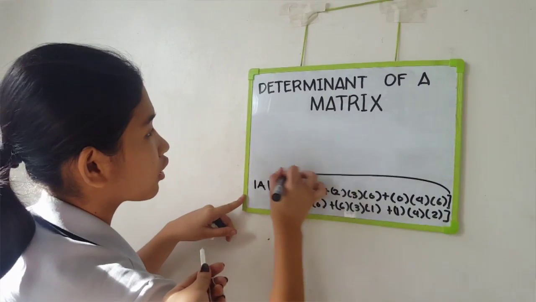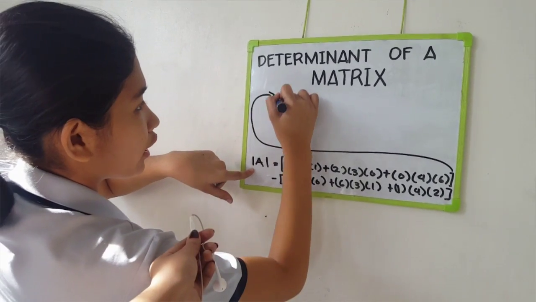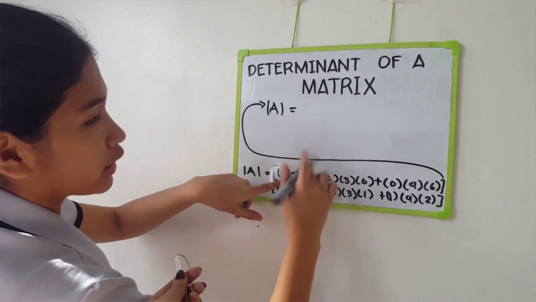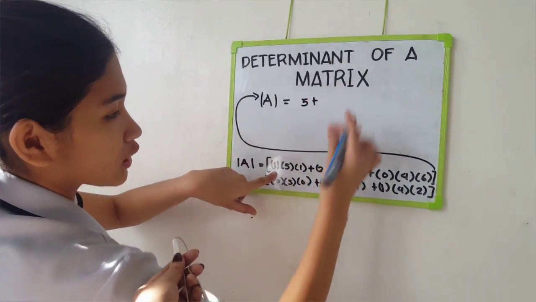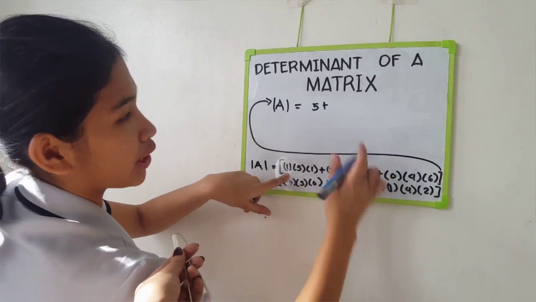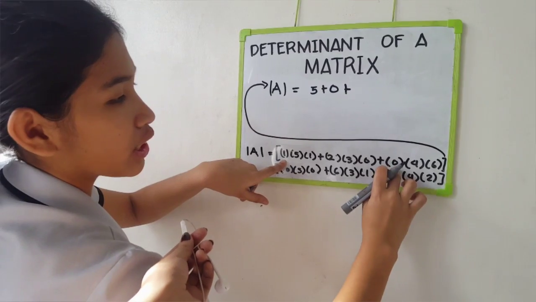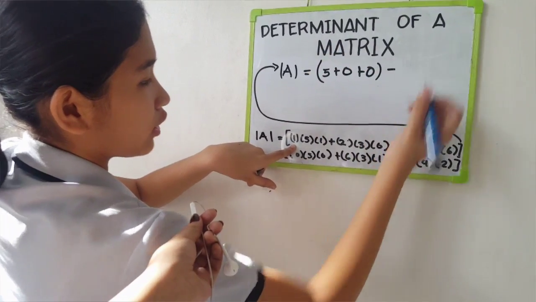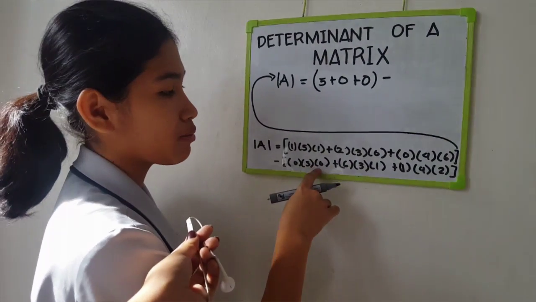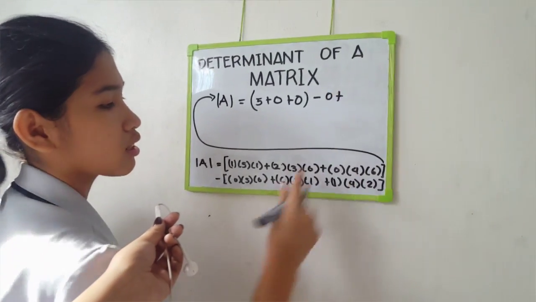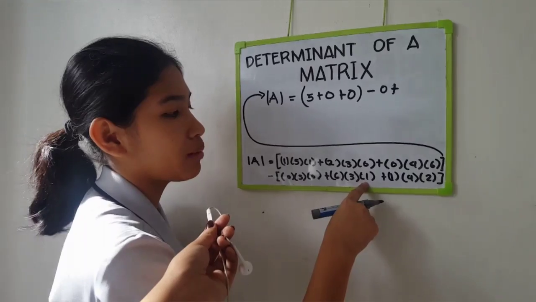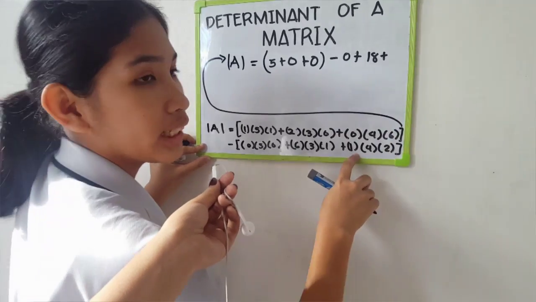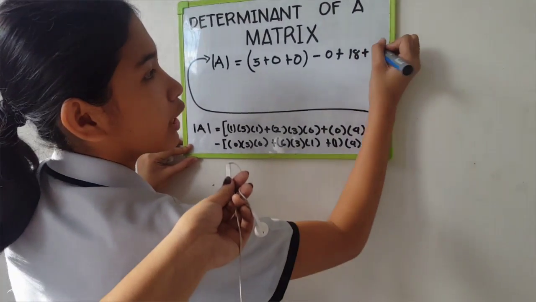So here's the continuation. A is equal to 1 times 5 times 1 is equal to 5, plus 2 times 3 times 0 is equal to 0, plus 0 times 4 times 6, 0, minus 0 times 5 times 0 is 0, plus 6 times 3, 18 times 1, 18, plus 1 times 4, 4 times 2, 8.